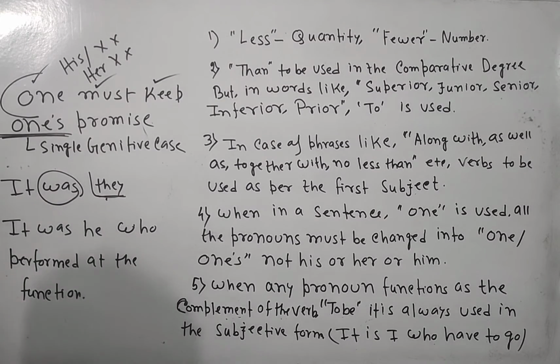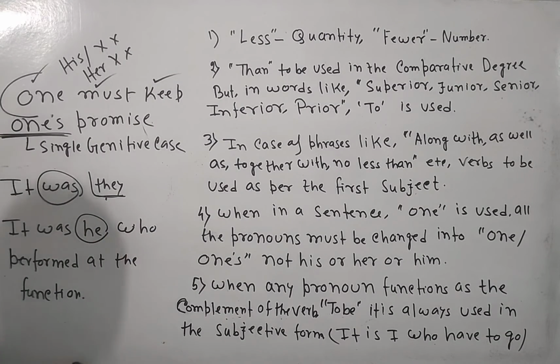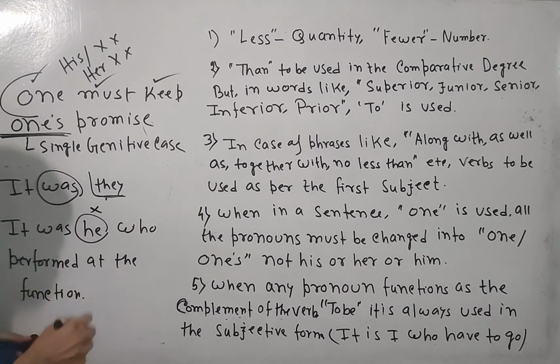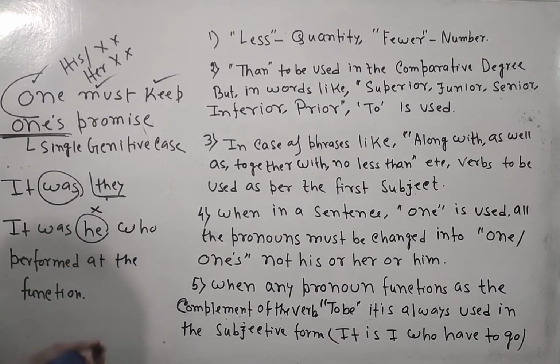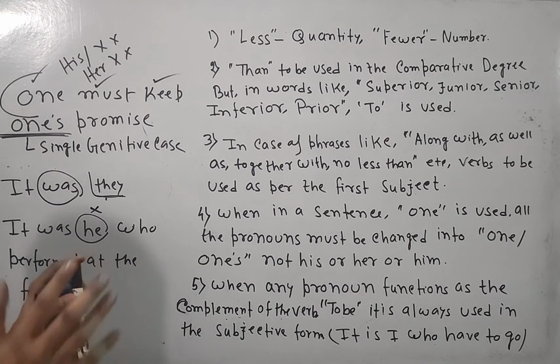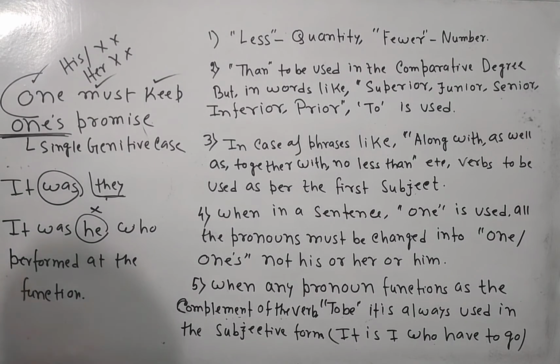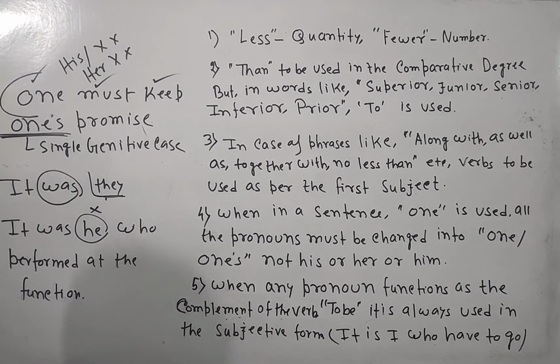When any pronoun functions as the complement of the verb, this is the pronoun, it is functioning here as the complement, because if I just remove this one, the sentence does not have any meaning. It was who, the sentence does not have any meaning at all. But whenever we say it was he who performed at the function, the sentence has some concrete meaning. So here is the rule.